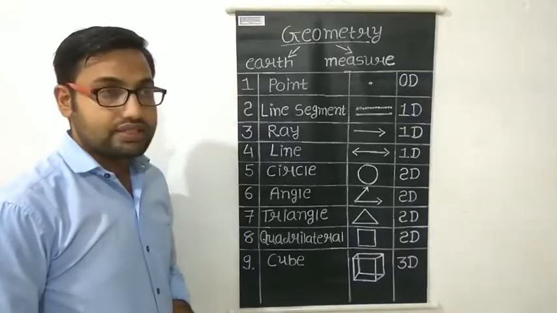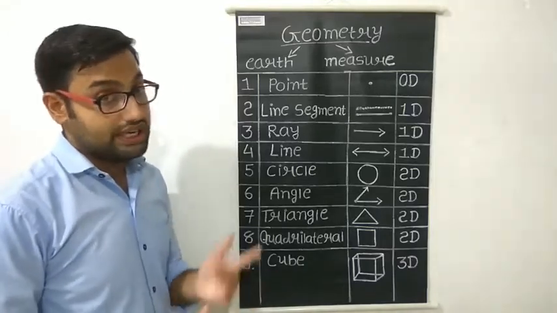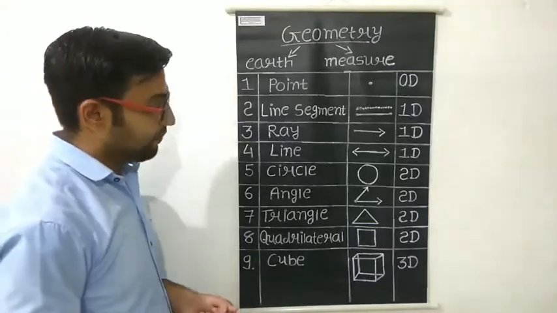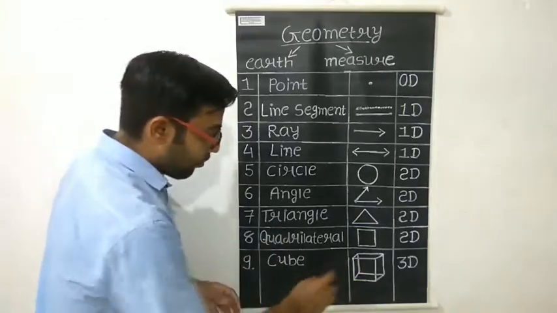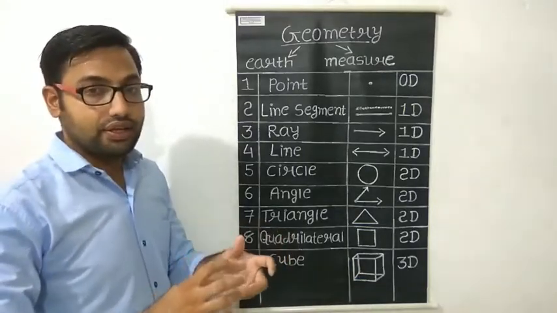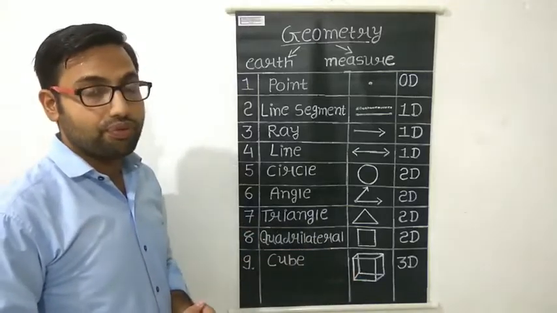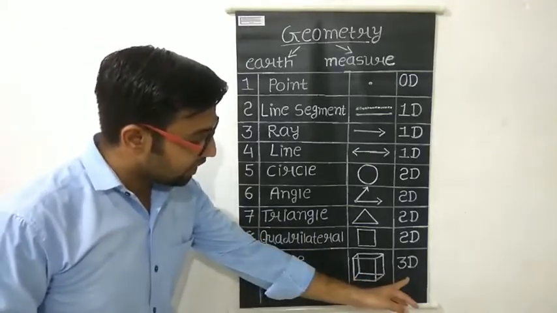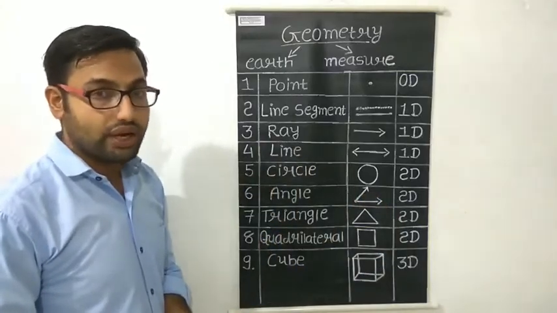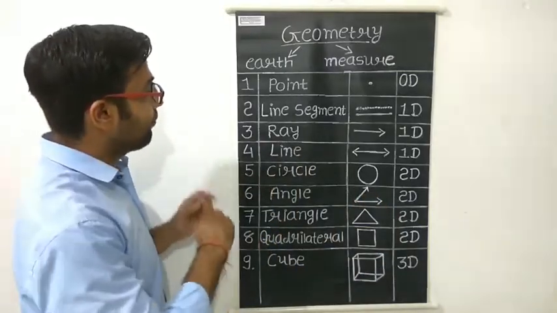We can take some examples, like you have a water bottle. It is a 3D shape. If you have this type of cube for playing, you may have used it to play. That is also the shape of a cube. So all these things are 3D shapes. Okay. So where do we have to start?